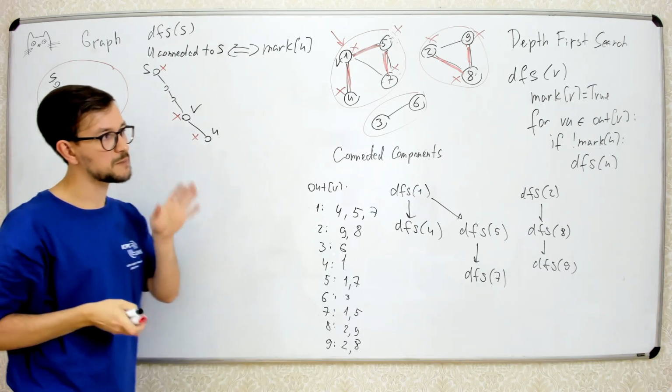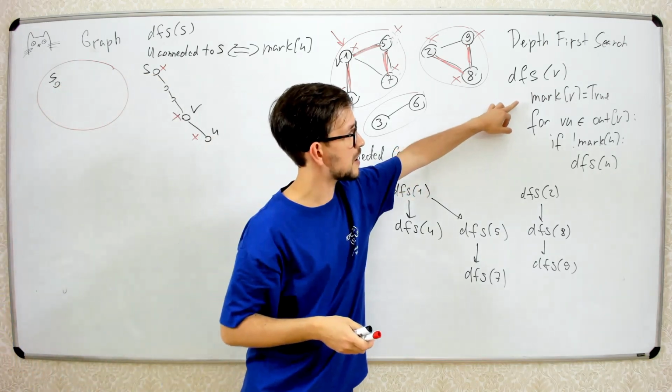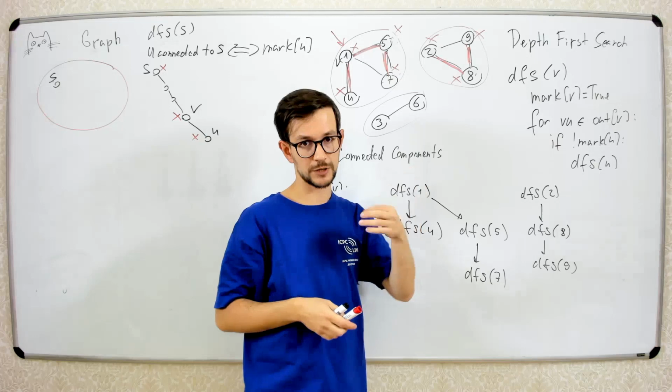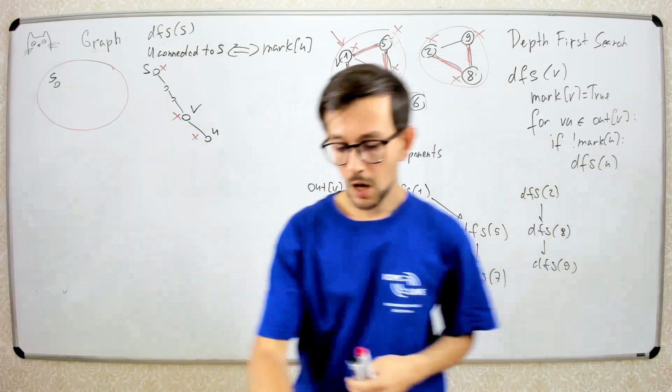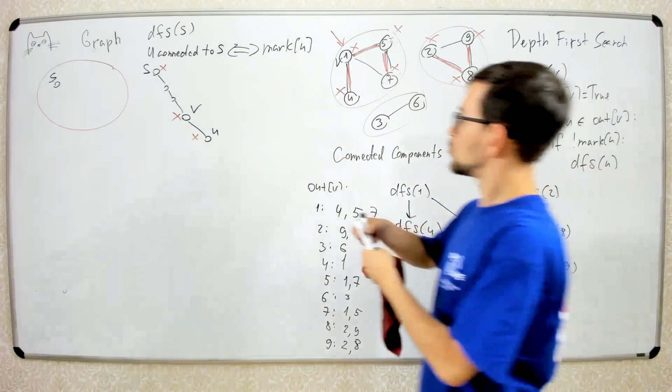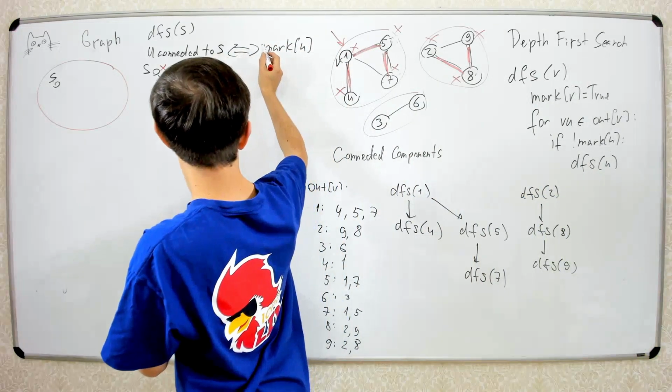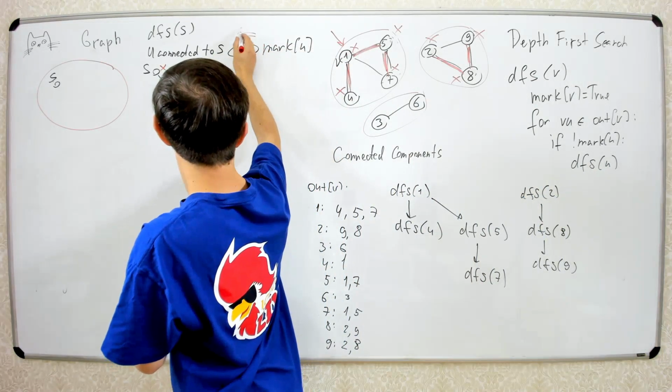We simply maintain the invariant that every node which is marked is connected to node S. So we proved this side, right?